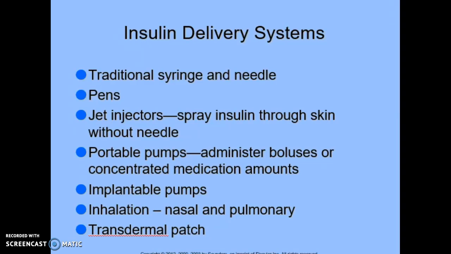We have jet injectors that spray the insulin through the skin without a needle. That's pretty cool. I never thought we would see that. Portable insulin pumps, so people can actually wear the pumps and have them hidden underneath their clothing. Implantable pumps that are implanted. Inhalation, so they're using nasal inhalation or breathing it in, and also they do have transdermal patches.